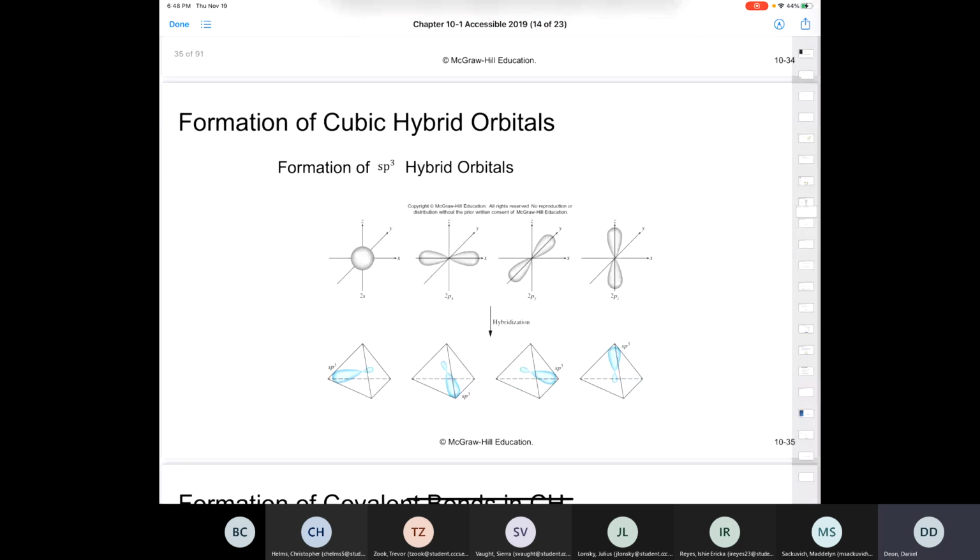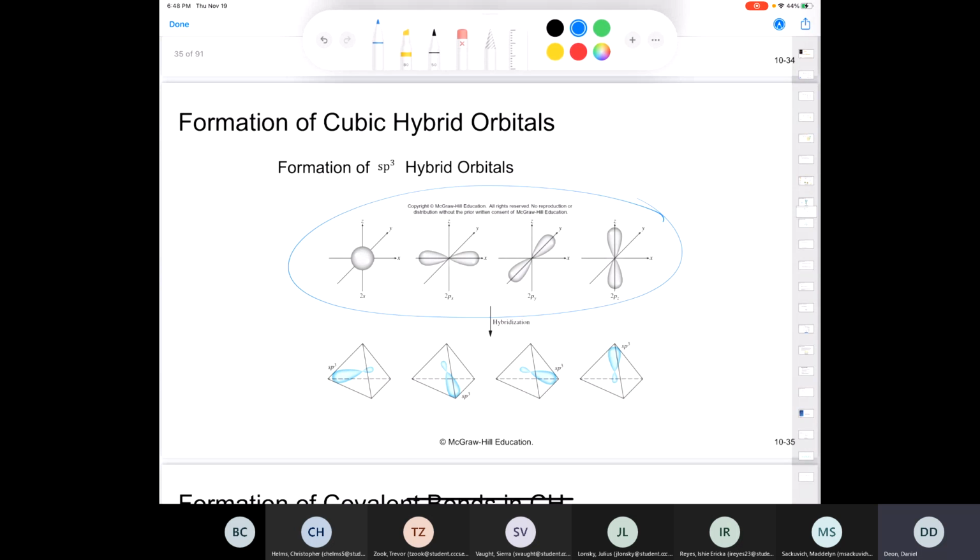How did I make that sp3 hybrid orbital that I showed you? I put all of these in a blender, right? I took 1s and 3 different p orbitals. So an sp3 orbital, hybrid orbital, is 25% s character, and it's got 75% p character.